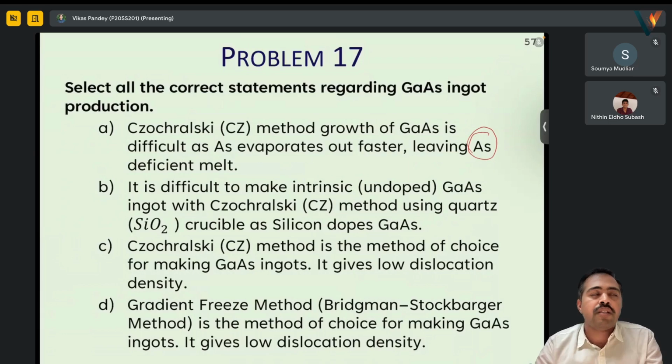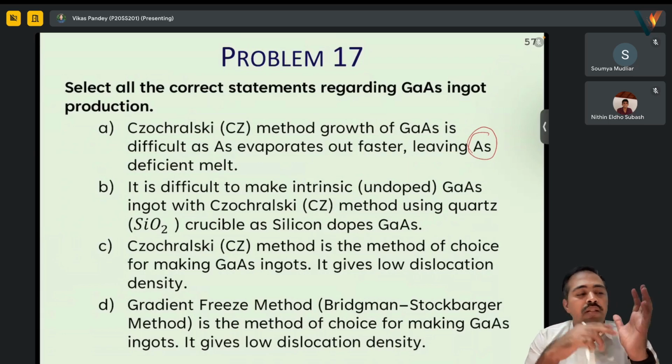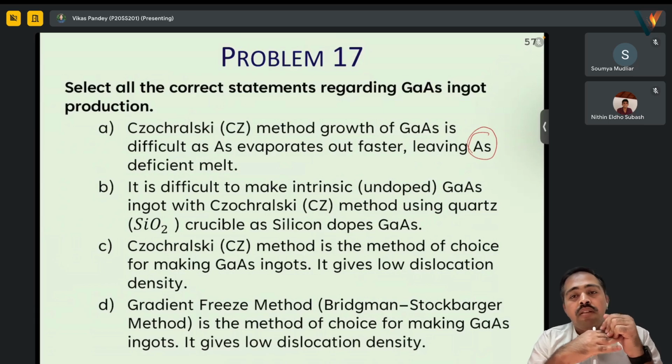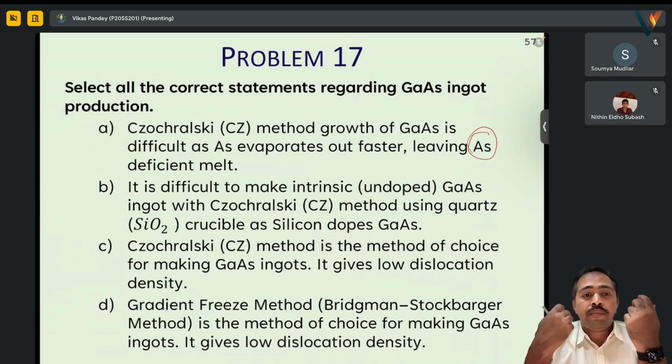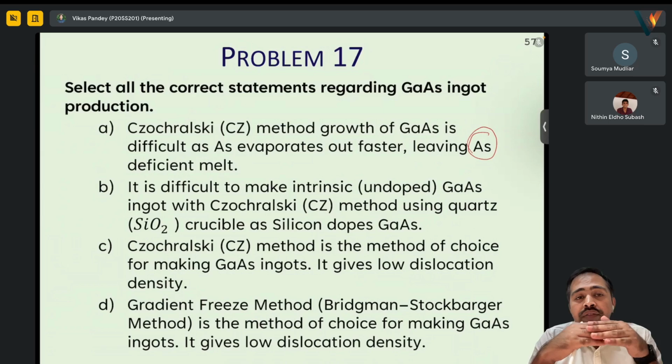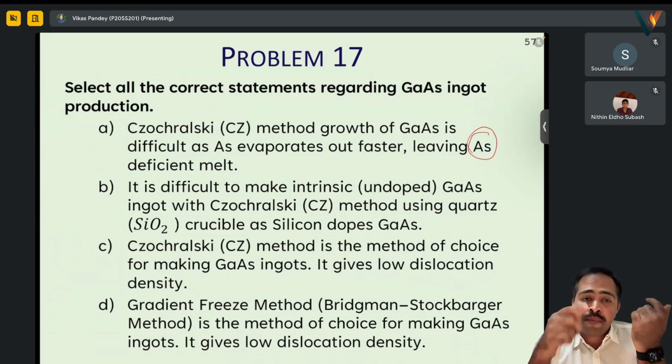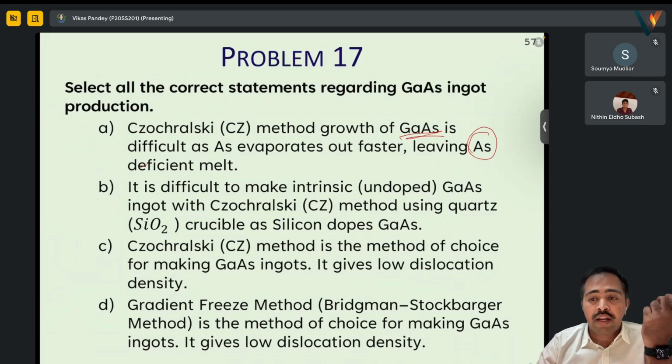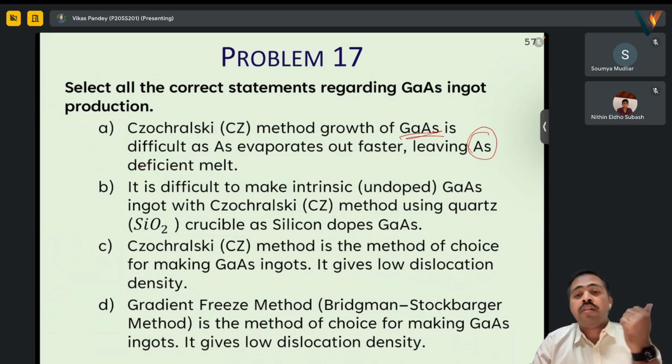Remember we discussed that in case of the CZ method, in gallium arsenide the arsenic evaporates, and that is why we have a deficit melt, okay? And that is the reason the CZ method is not the preferred one for gallium arsenide, and Bridgman-Stockbarger is the preferred method, okay?